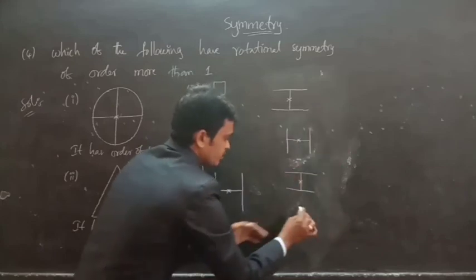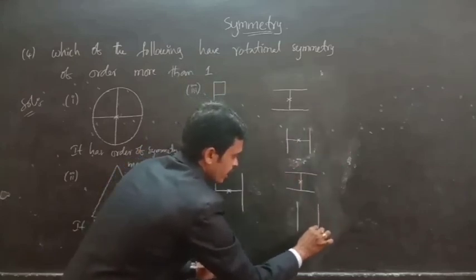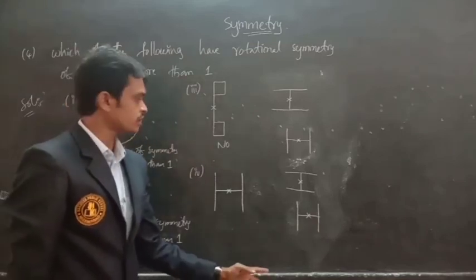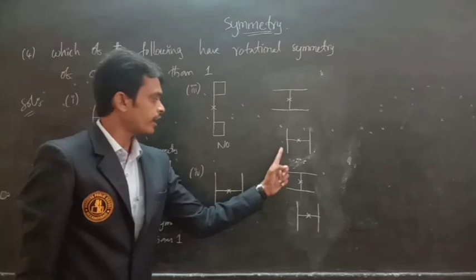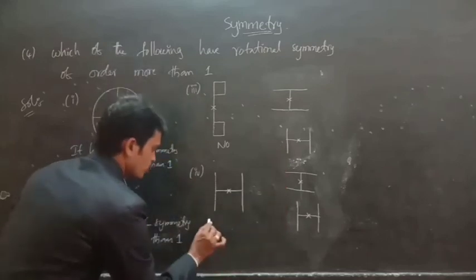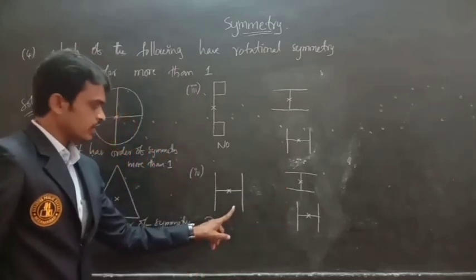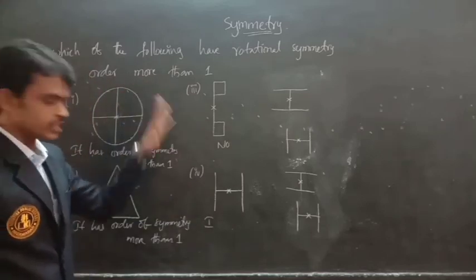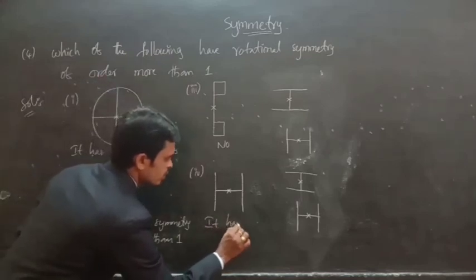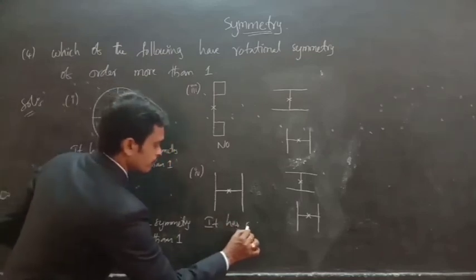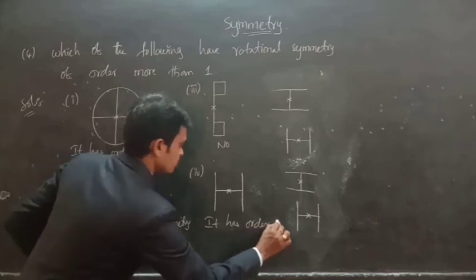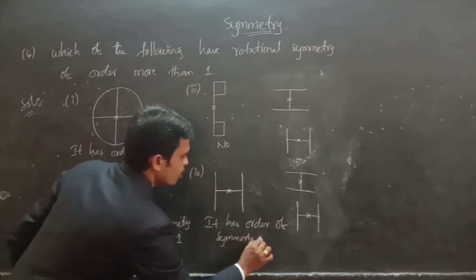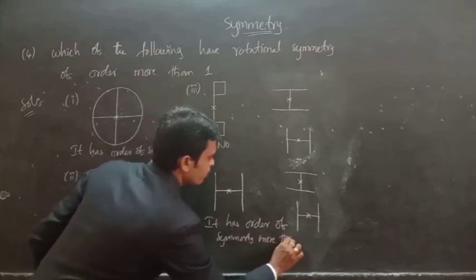Then in a complete 360 degrees rotation, the letter H has an order of rotation of how many? 2. So the letter H also has rotational symmetry of order more than 1.